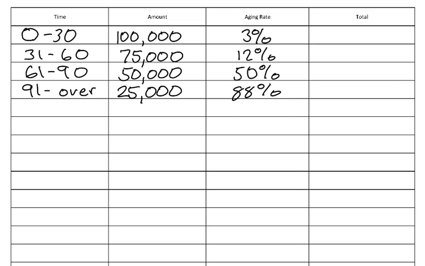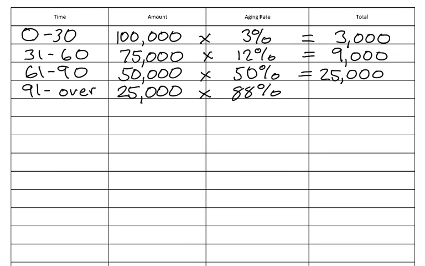Now from here, it's just a simple 100,000 multiplied by the 3% will equal, right? So here, this will be $3,000. 75,000 times 12% will be 9,000. 50,000 times 50% is 25,000.